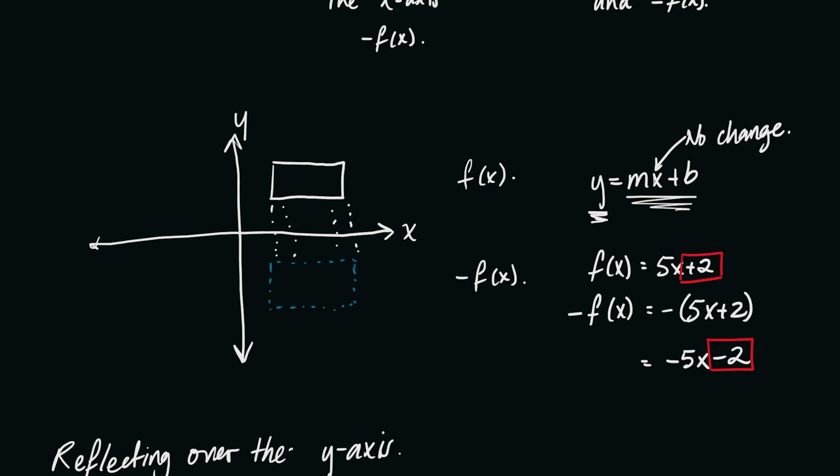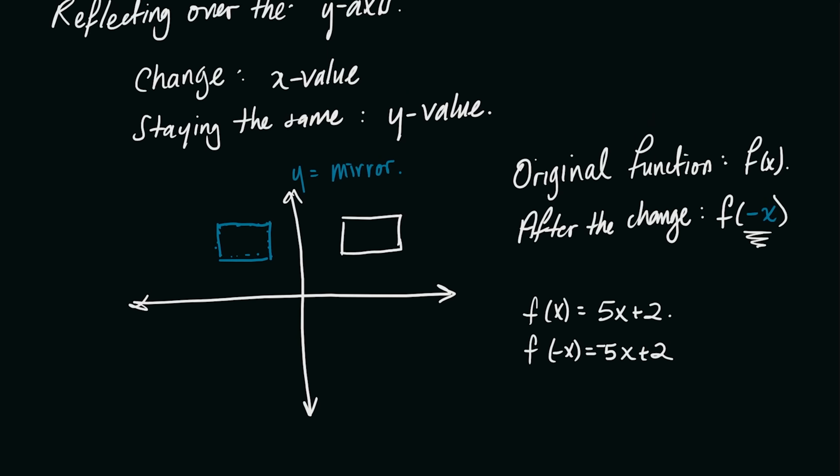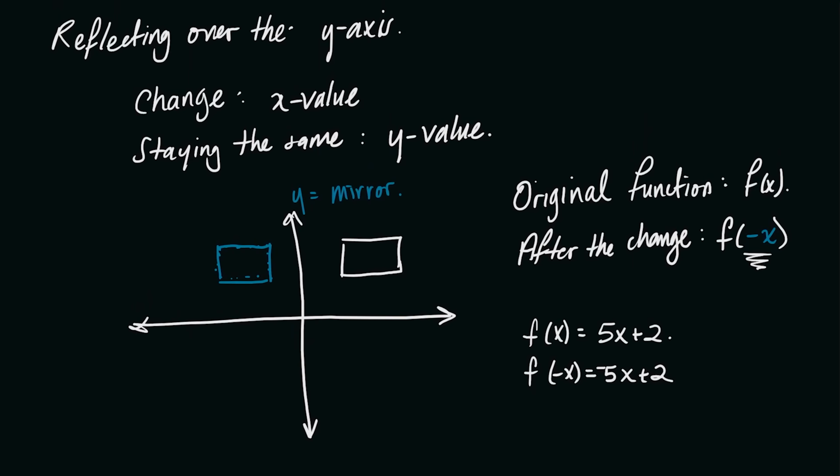So that means that the y changed. Now let's go back to the previous example that we just did with reflecting over the y-axis. We see that the original was plus 2 as our y-intercept, and after the change it is still plus 2. So that means that the y did not change.